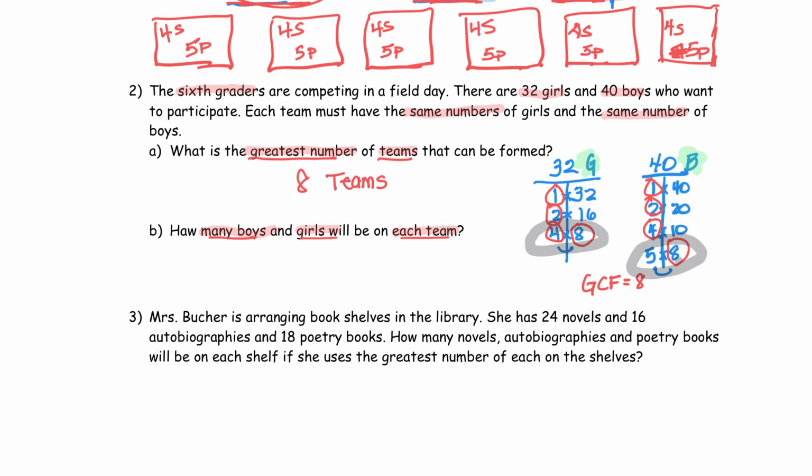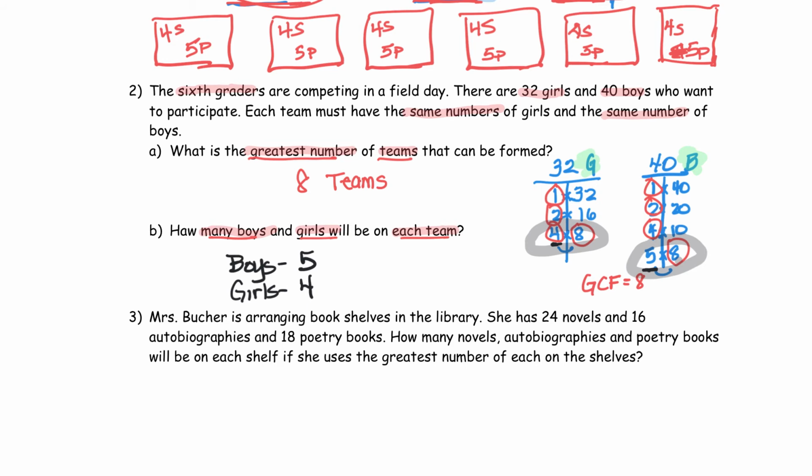So the number that's opposite the greatest common factor in the T-chart is basically going to be the answer to your question. So for boys, I can see that opposite the 8 is the 5. So there will be, for boys, there will be 5 on each team. And for the girls, there would be what? Good, 4 on each team. So 5 boys and 4 girls on each team, and we're done.